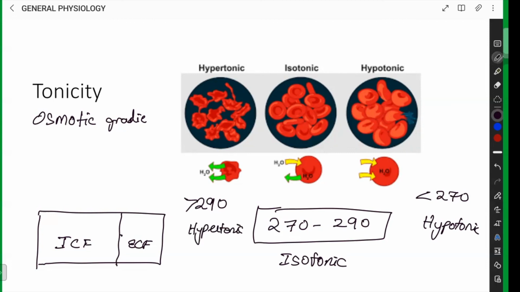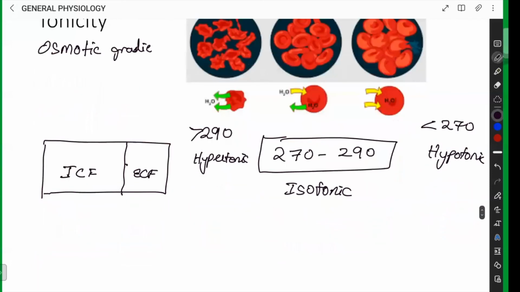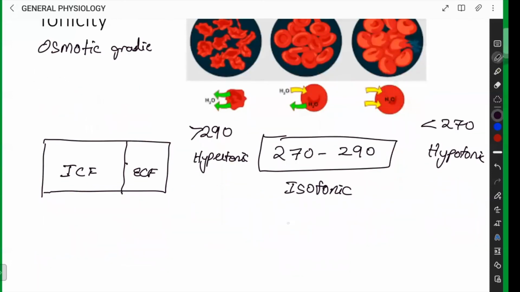Okay, so now whatever IV fluids that you are going to give is going to be based on this concept. For example, what are the examples for isotonic fluids? Isotonic fluid examples are your Ringer lactate and 0.9% NaCl. These are the two examples of isotonic. What are the examples of hypotonic? 0.45% NaCl.